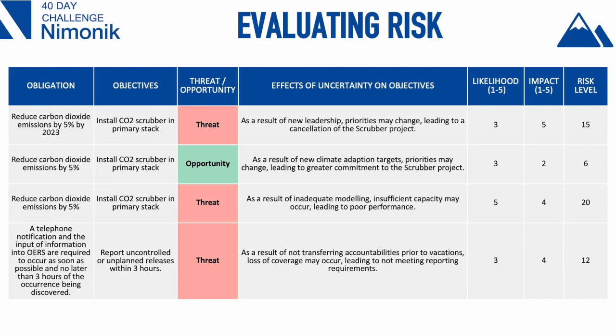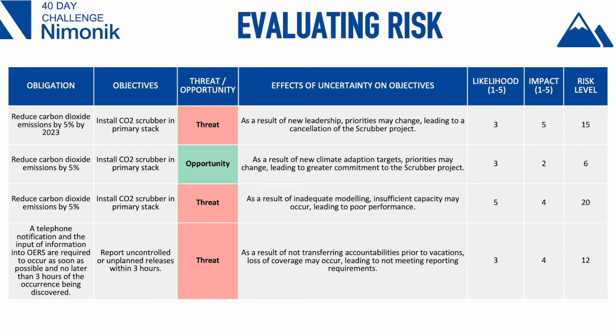And you can come up with a number between 1 to 5, let's say, maybe call it 3 in this case, so somewhat moderately in the middle. And what's the impact? Well, if you cancel the scrubber project, that has a huge impact. So we go all the way to 5. You multiply those two together, you get the risk level, which is 15. And that gives you a measure of the effects of uncertainty on objectives. It's the quantitative number that describes the qualitative risks.